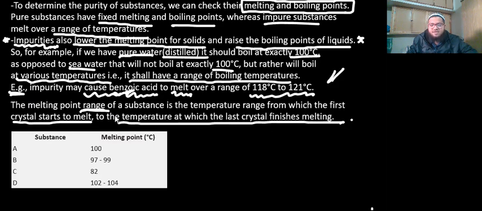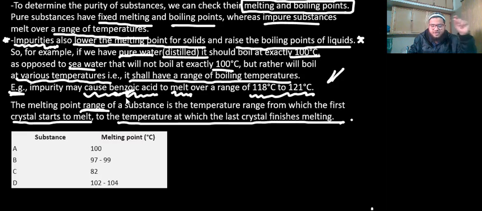Well, let's say you have a lump of ice, okay, you've got some ice in your hand or in a beaker, and it's impure ice. Let me just make it clear that it's explicitly mentioned that it's impure ice. Now, when you put this impure ice on a flame, what happens? It starts melting, right?